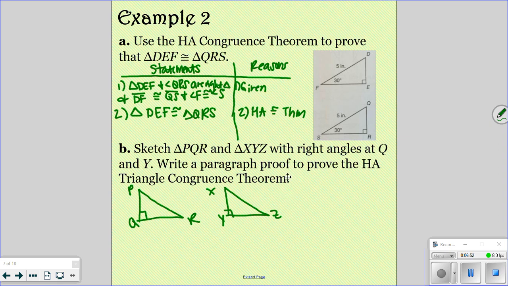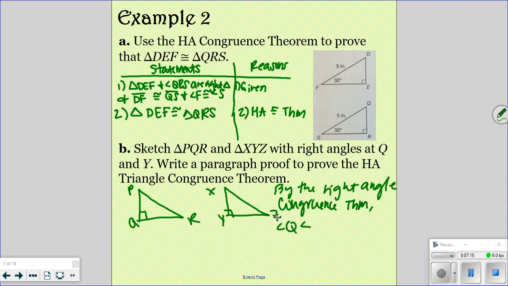So by the right angle congruence theorem, angle Q is congruent to angle Y, because they're both right angles.